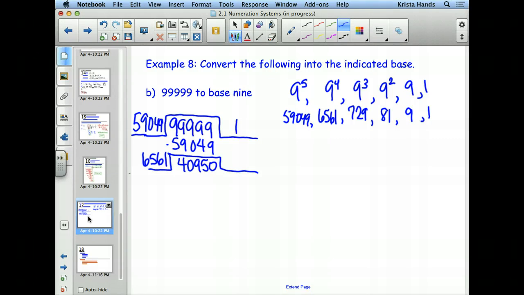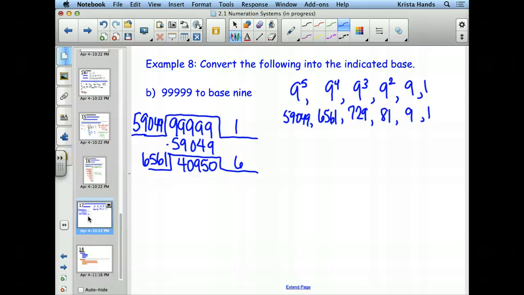Next step, what do I do? Good. I'll divide by my next power of 9, which was 6,561. How many times will that go into 40,950? All right, 6. What is 6 times 6,561? Oh wait, just kidding.